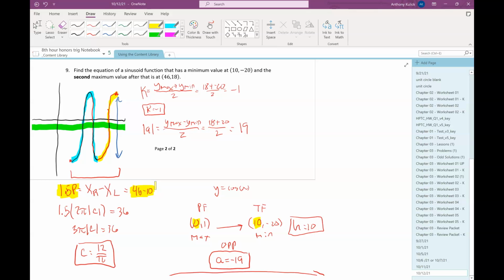So again, we're talking about doing the same thing. We had equivalent equations, right? Just one thing was moved to the other side. I like to count how many periods I have. That's a little bit easier for me to see visually than thinking, okay, 2/3 of that distance is one period.